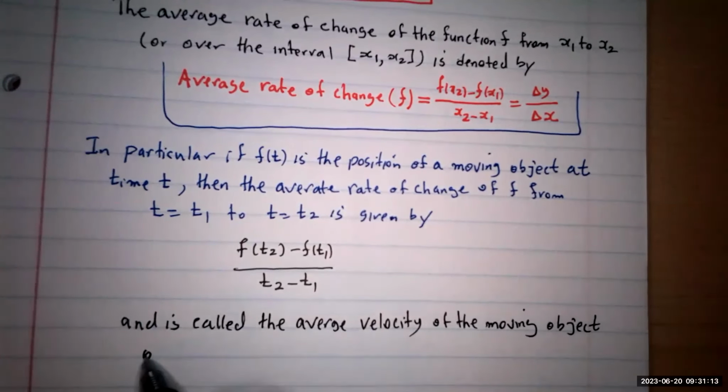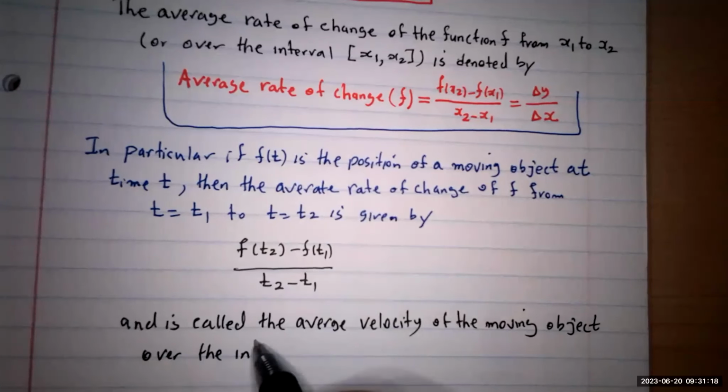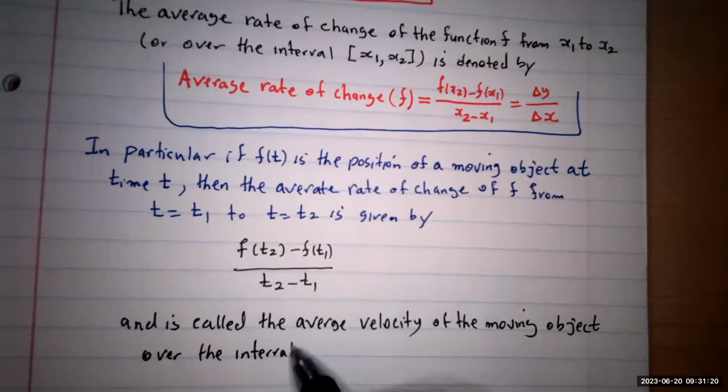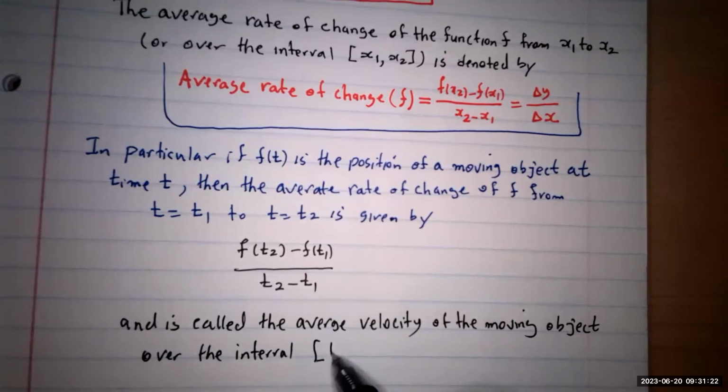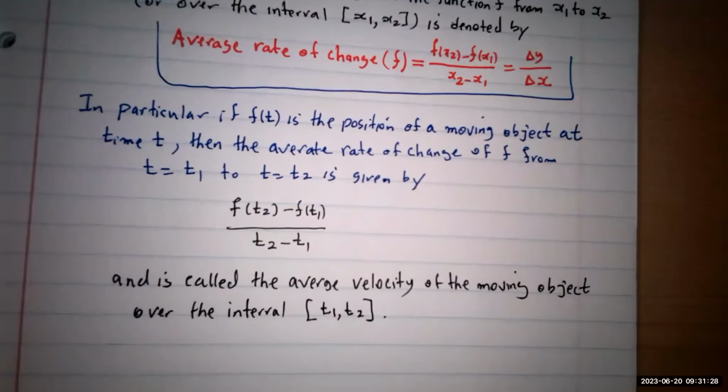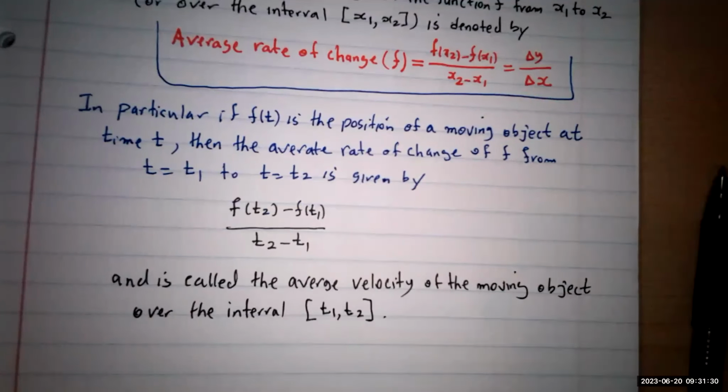over the time interval t1 and t2. You have some problems in your book, and you have one in your practice one. So we're going to question you on this. Some people miss it on the test. It's a very easy term, but you have to know it.